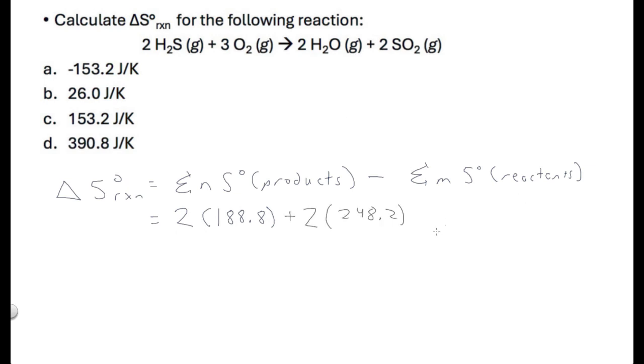Okay, so let's continue. Then we can subtract 2 times 205.8 plus 3 times 205.2.